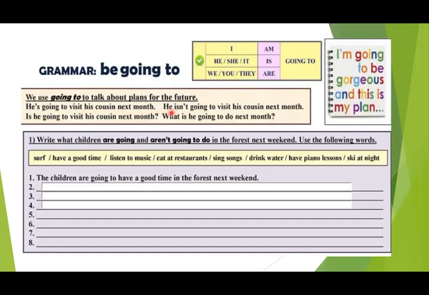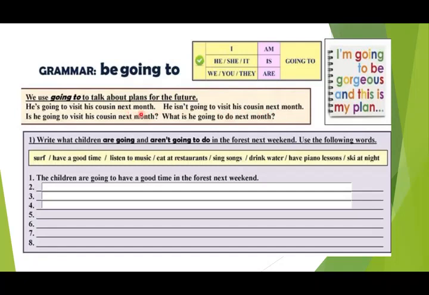In negative form, we start with the pronoun. Isn't is the verb to be with not, right? It is the verb to be with the word not that becomes isn't, right? And then going to visit, where visit is the main verb in the base form, and finally the complement, right?